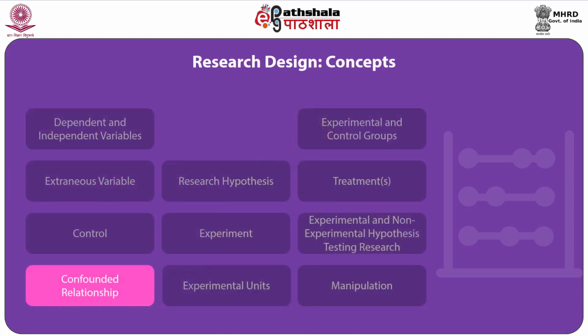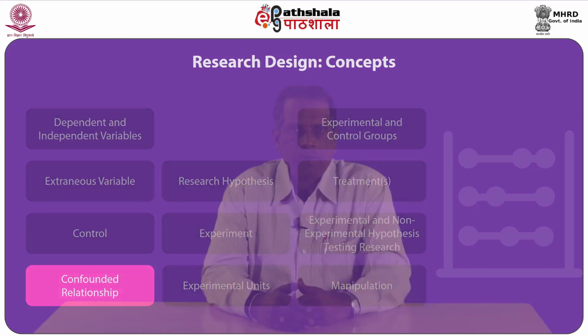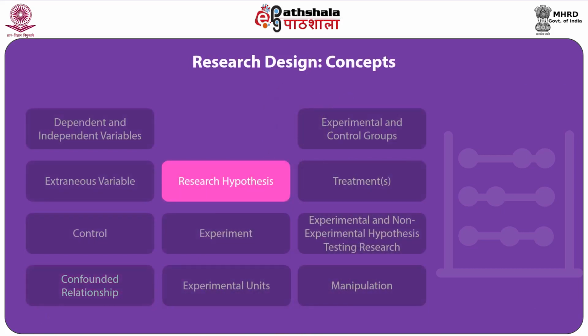There is one more concept called confounded relationship. In case the dependent variable is bound by the influence of the extraneous variable, the relationship between the dependent and independent variables is known to be confounded by extraneous variables. The next major concept in research design is a research hypothesis.